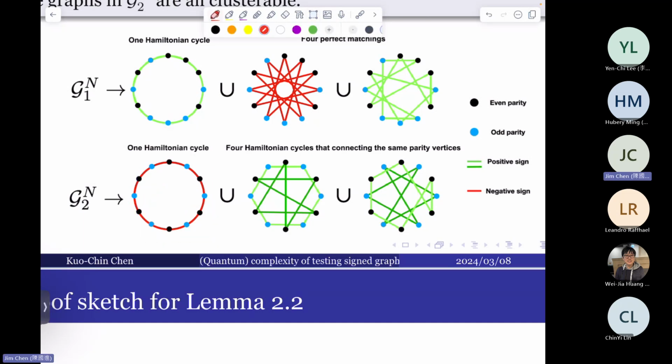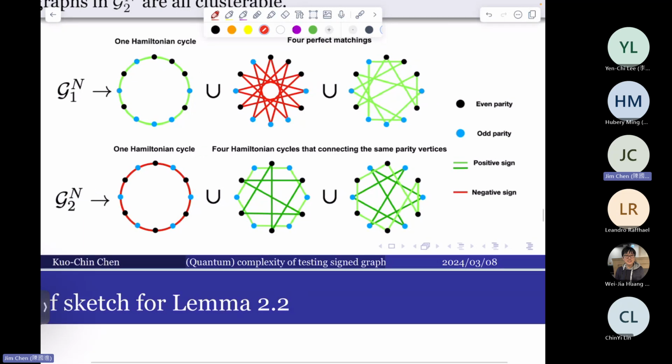Okay, and it also contains some edges which are labeled positive, and these edges connect the same parity vertices.